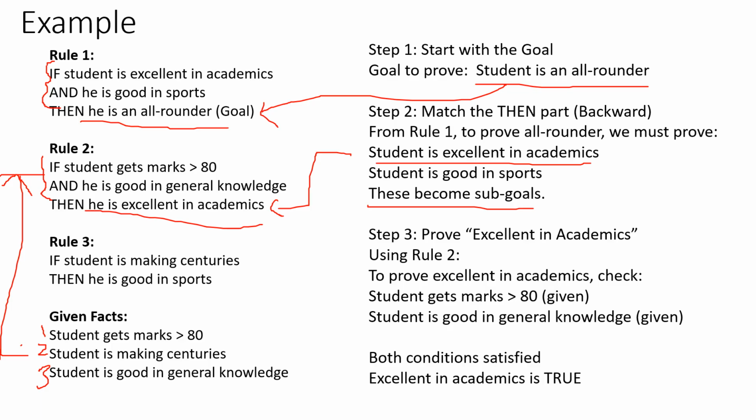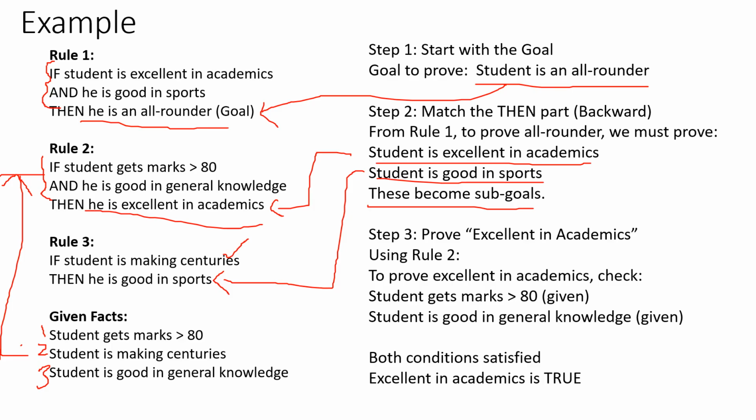Then we will see the next one, student is good in sports. We will check whether it matches the then part of any rule. Here you can see student is good in sports matches with the third rule. Then we will check whether the corresponding fact is available in the given facts.